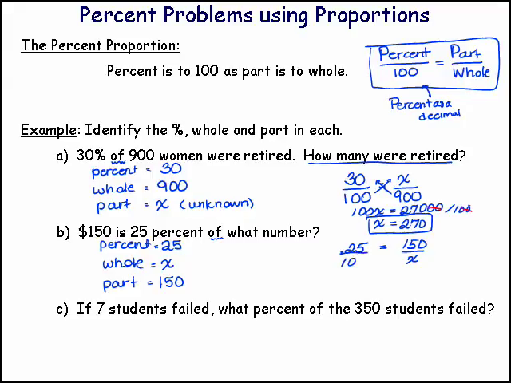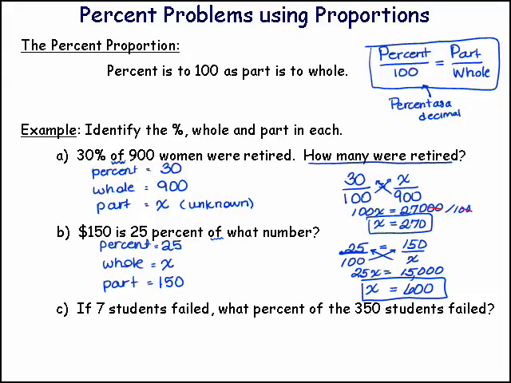I'm going to put it as 25 over 100. Now cross multiplying, we get 25x is equal to 15,000. So what does x equal? 25 goes into 150 six times, with the two zeros attached onto the end, so 600. What that tells us is that if you had $600, then 25% of it would be $150.